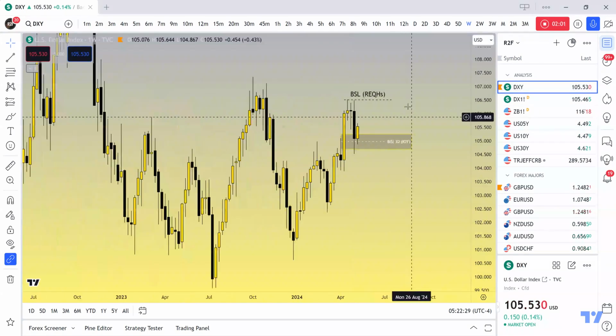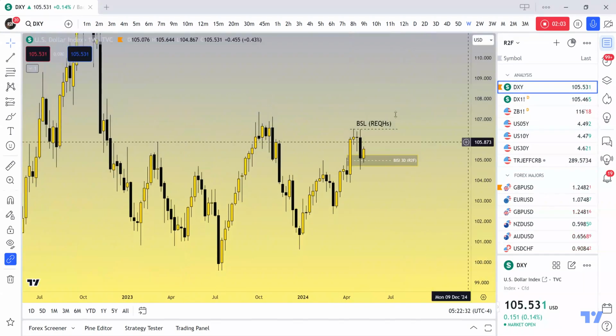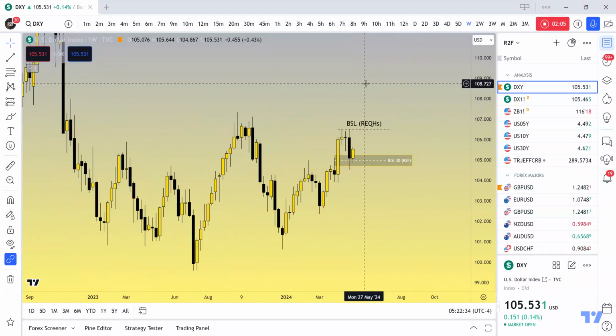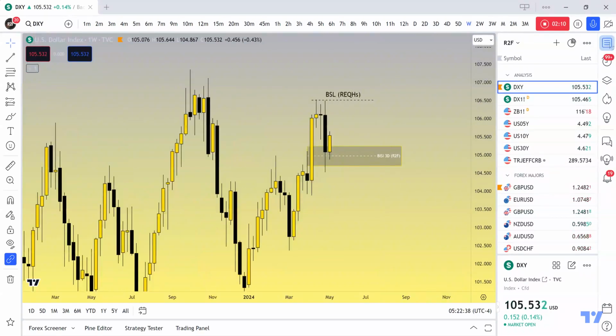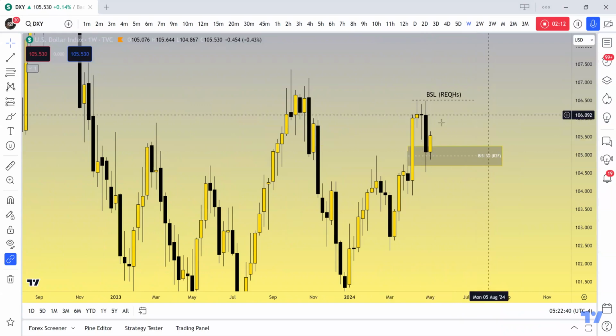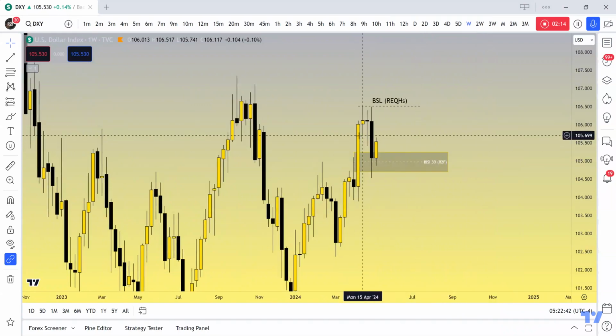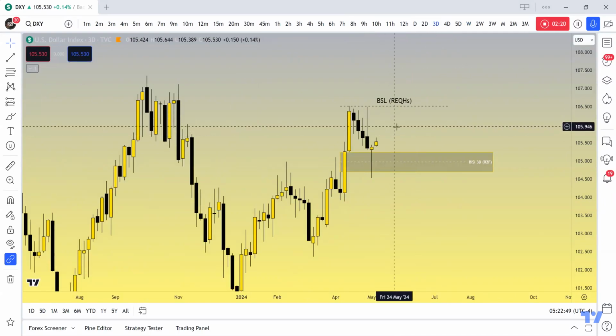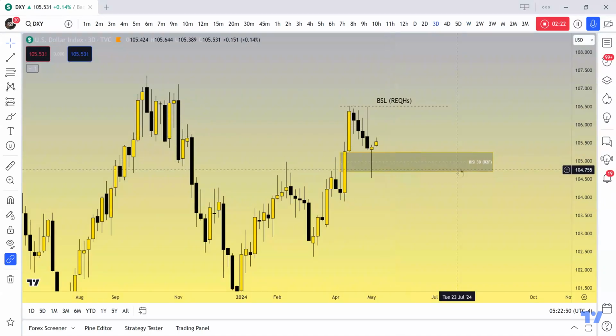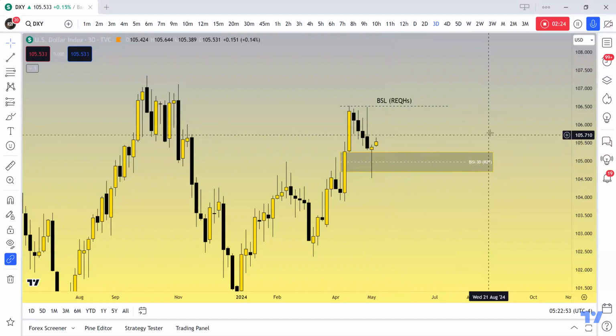This is a new chart, so I do not have all my annotations on here, but basically I'm expecting higher prices on the dollar. This is a weekly time frame, and we see that we have a weekly BC here, and in here there's a more refined gap on the 3-day, which I'm looking for. It's one of my signature gaps as well.